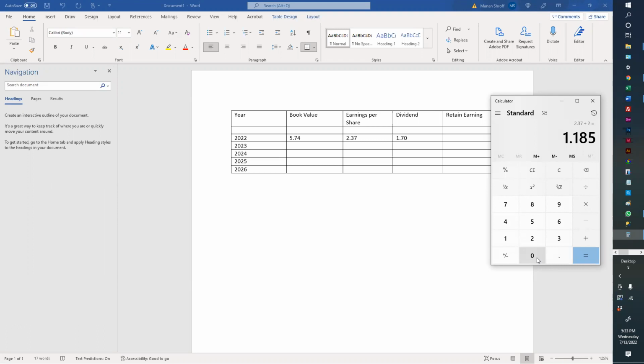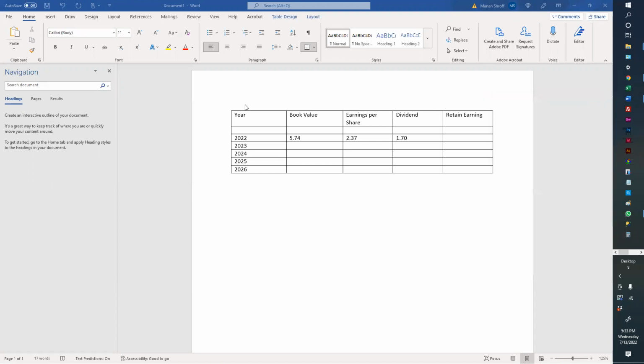But Coca-Cola is paying 70%. So I just want to make a note here. Payout ratio is 70%. Return on equity is for the last 10 years.